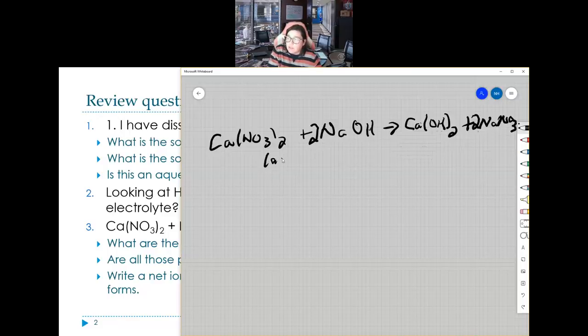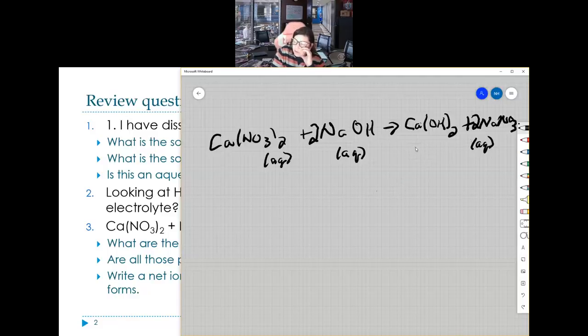Ca(NO3)2 is aqueous. NaOH is aqueous. My NaNO3 is aqueous. And I say that because salts of the alkali metals, those group 1 metals, are soluble. In addition, salts of NO3 minus are almost always soluble as well. When we talk about this other one over here, the Ca(OH)2, is that one soluble?